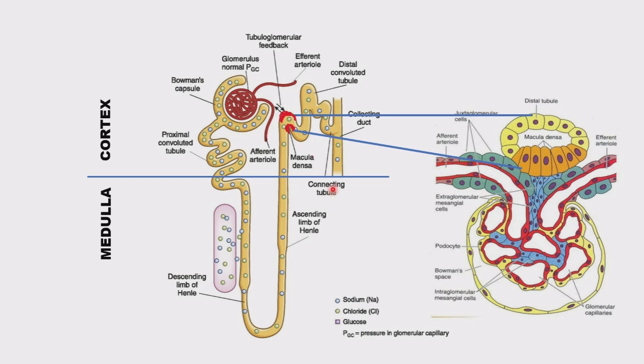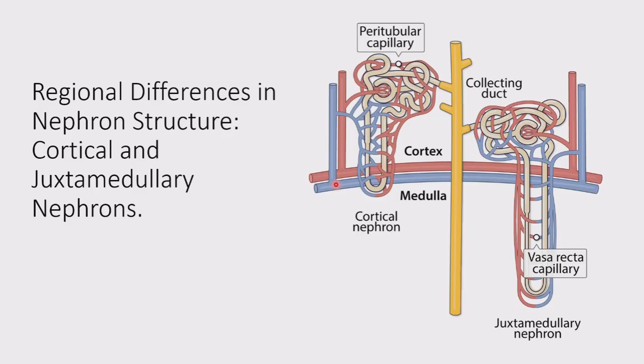Okay, we can classify nephrons depending on how deep they are located. For the cortical nephron, its glomeruli are located at the outer cortex, while for the juxtamedullary nephrons, its glomeruli are located near the medulla.